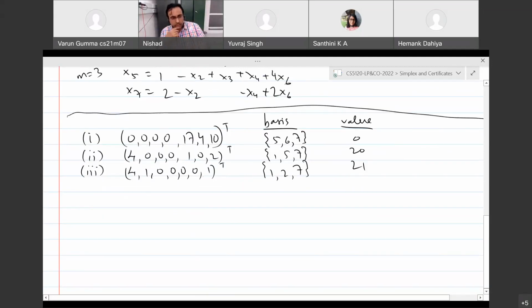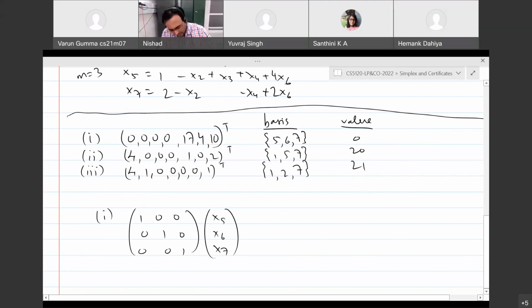So if you think about the first solution, what exactly is going on? It is simply the solution of the last 3 columns of the matrix times x5, x6, x7, and the right hand side.